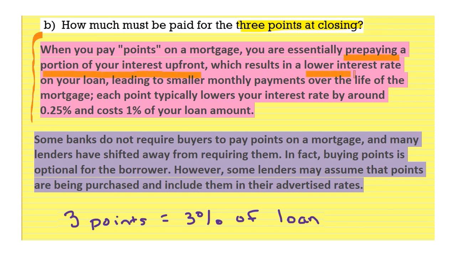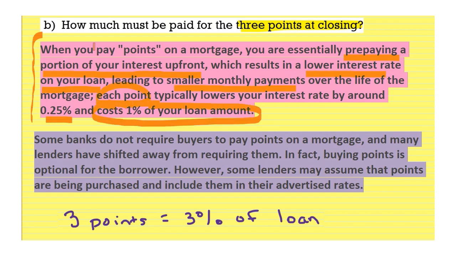This results in a lower interest rate on your loan, leading to smaller monthly payments over the life of the mortgage. Each point typically lowers your interest rate by around 0.25%, and each point costs 1% of your loan amount.